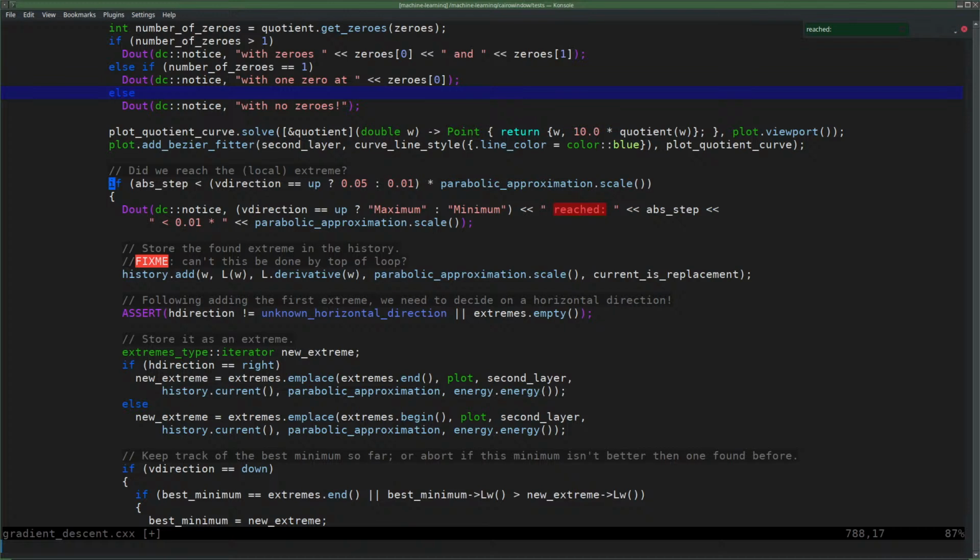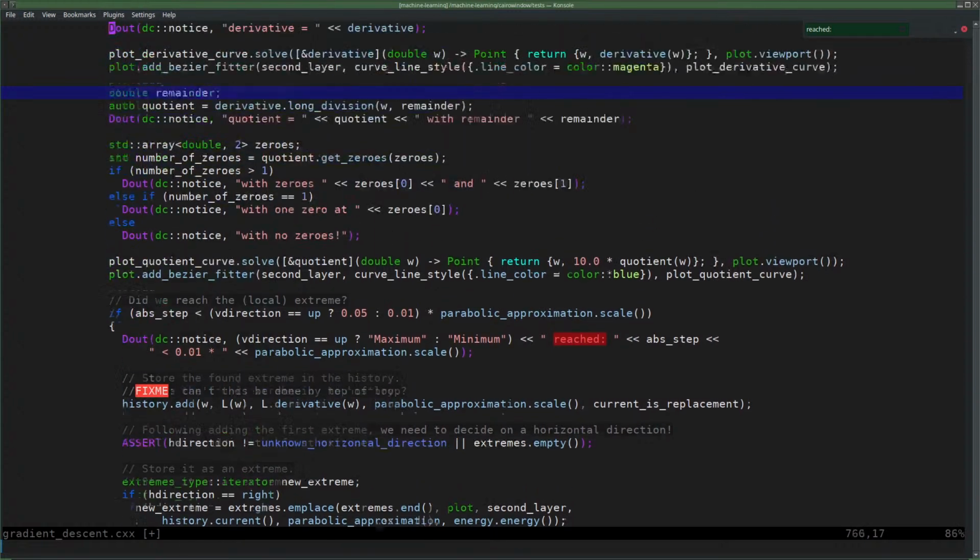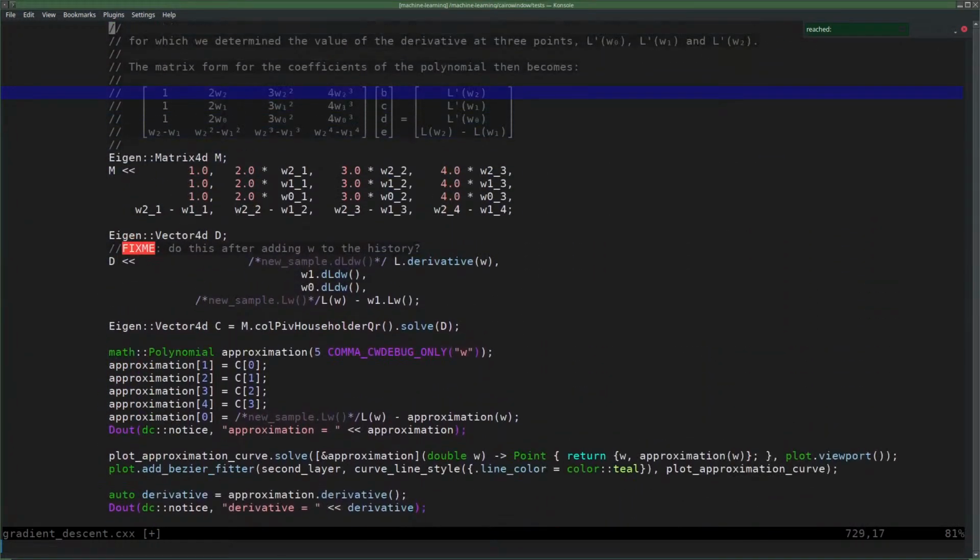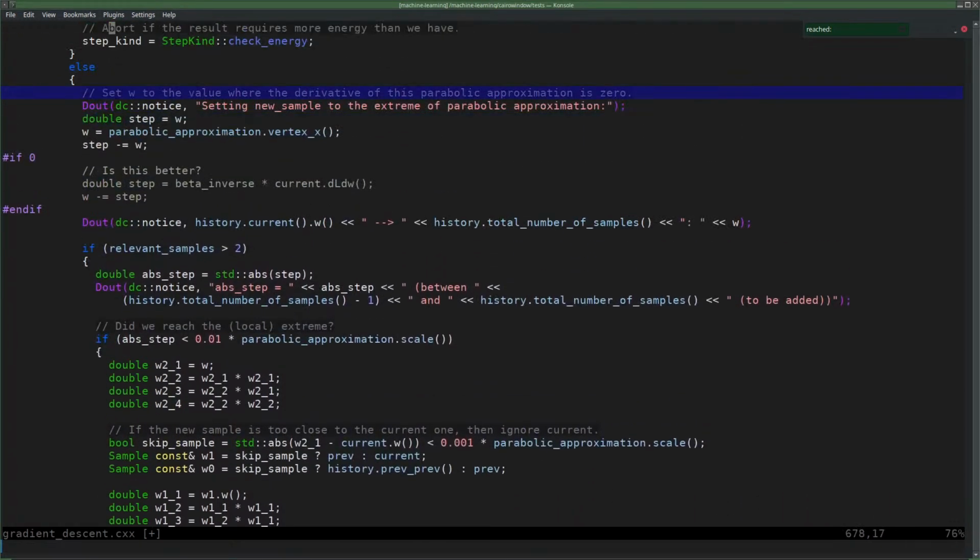This is talking about the parabolic approximation that I had. If you have two relevant symbols, then we can have a parabolic approximation. And then if the last step was super small, that means that we are in the minimum of that parabolic approximation.